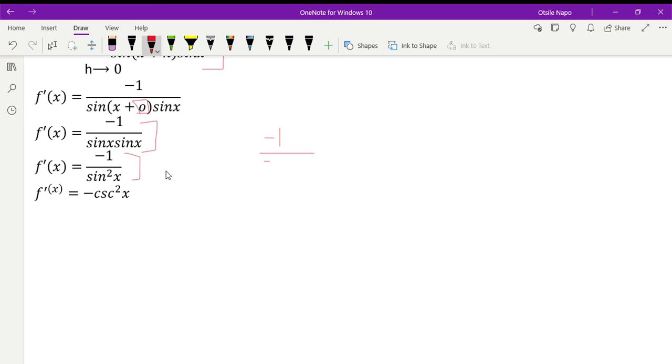But because here we have a negative sign, we retain the negative sign. Therefore, our derivative of cotangent of x equals negative cosecant squared of x.